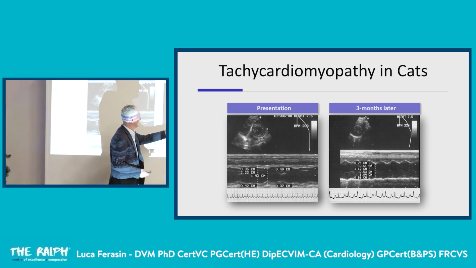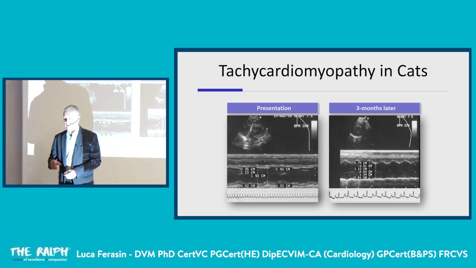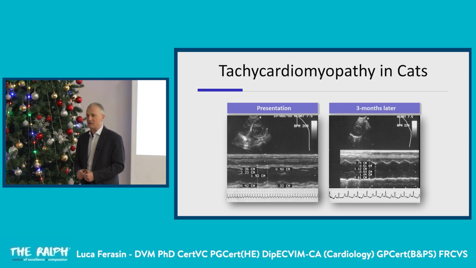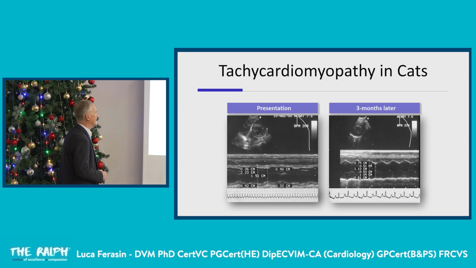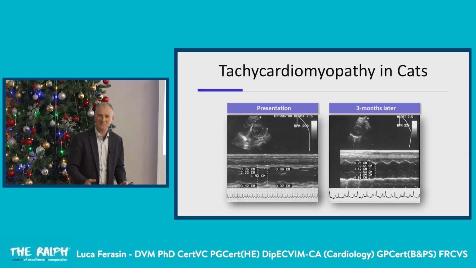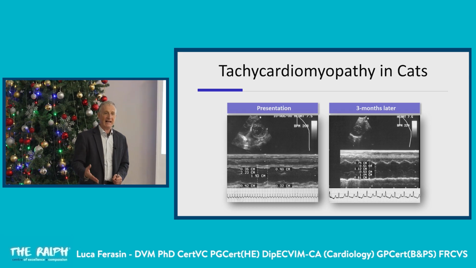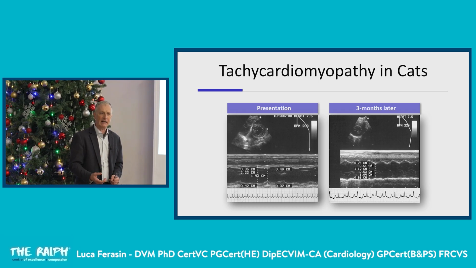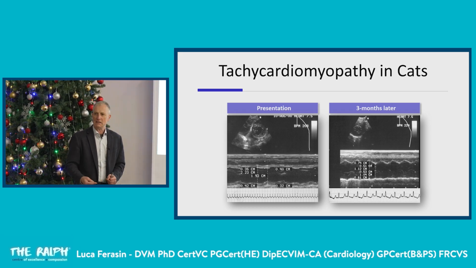And 3 months later, the left ventricular diameter in systole went down to 1 centimeter, so half of what it was before. Isn't it amazing? Beautiful. So if we catch a significant tachycardia in time, and we've got a concomitant cardiomyopathy, we can reverse it.